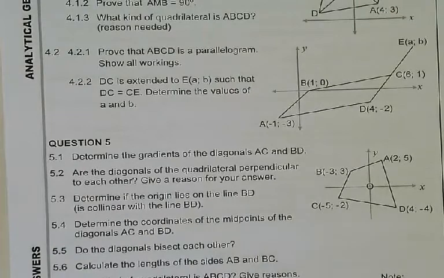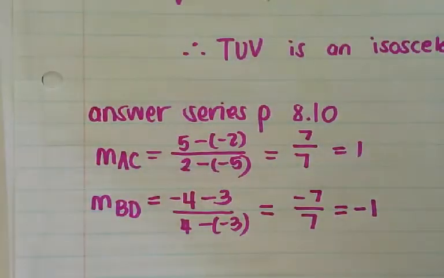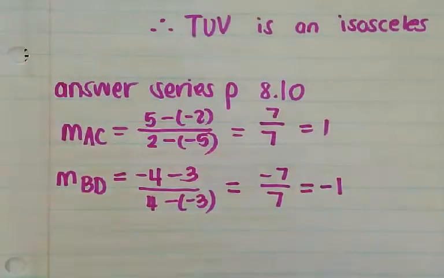Okay, so gradient of AC should be positive 1. Gradient of BD should be negative 1. So I just need you to practice calculating gradients, guys. It shouldn't take so long. Yes, that's fine. So there you go, AC, BD, 1 and negative 1.